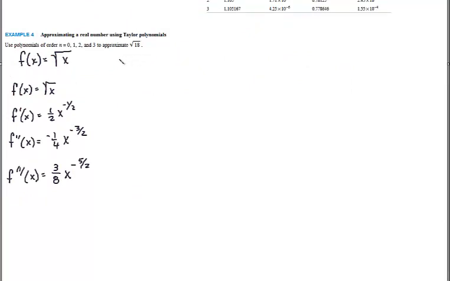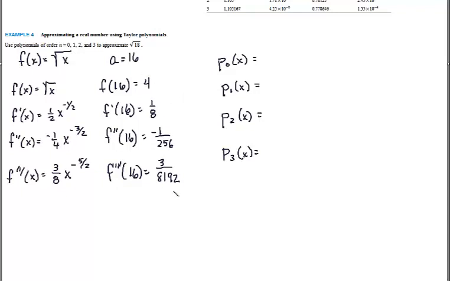For this approximation, I am going to let a equal 16 because it's a convenient square root. I know the answer to that, and so I will find f of 16, f prime of 16, and so forth. Now I found those function values. Now I'm going to find each of those polynomial functions, and our very first one is just the solution to square root of 16, which is 4.